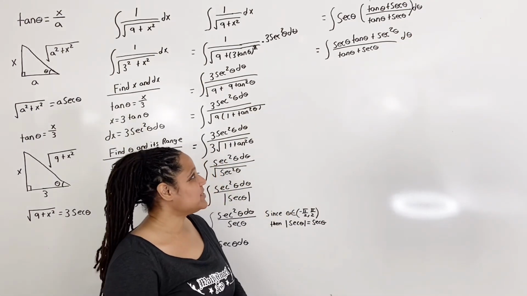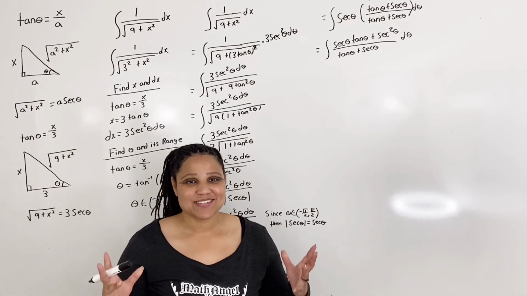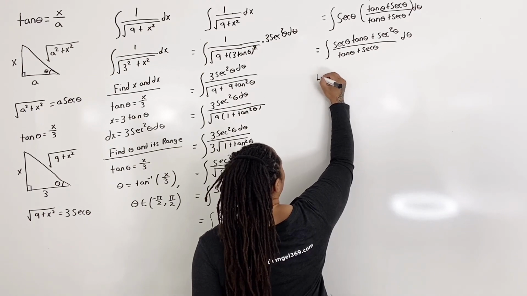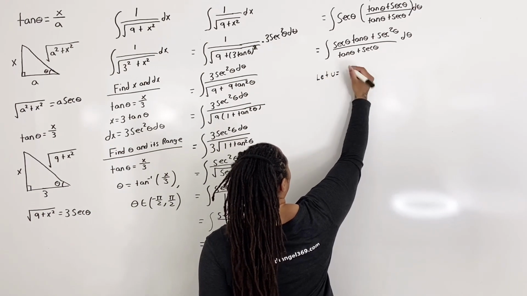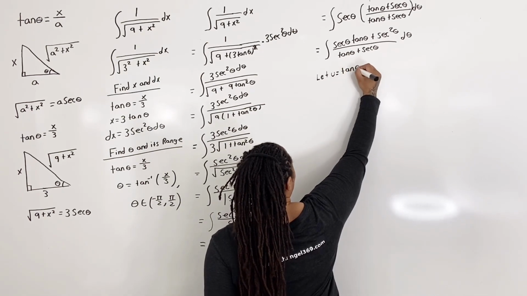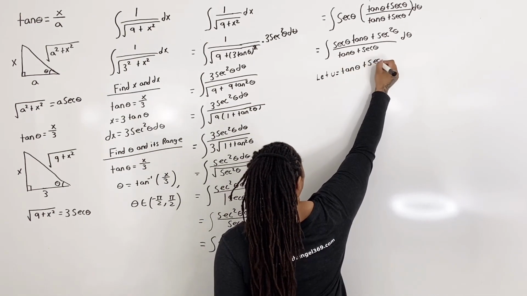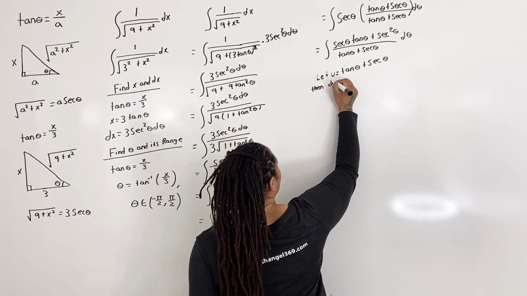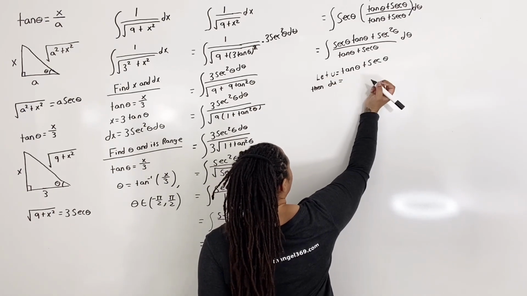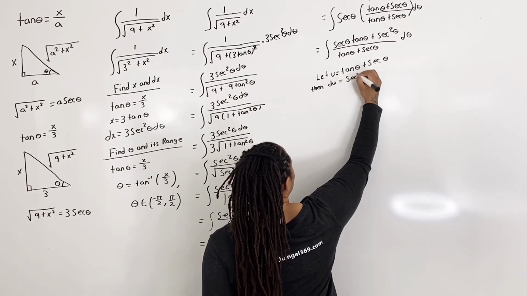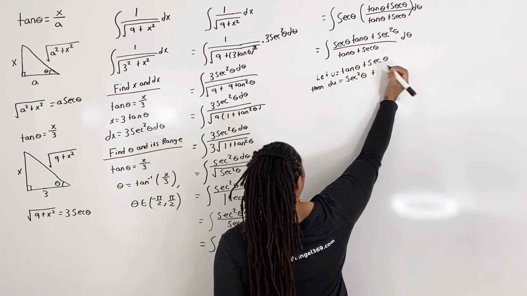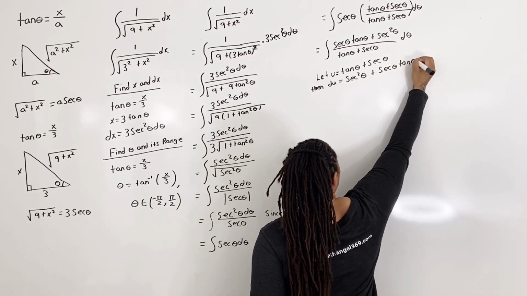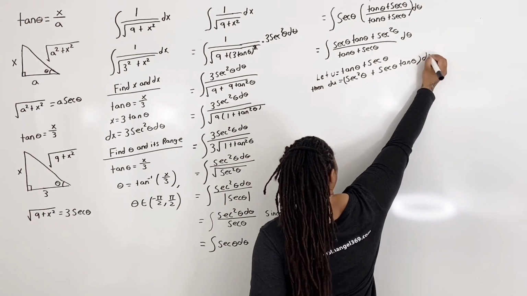Now I'm going to apply u substitution. So we're going to let u equal tan theta plus secant theta. Then du is equal to secant squared theta plus secant theta tan theta d theta.